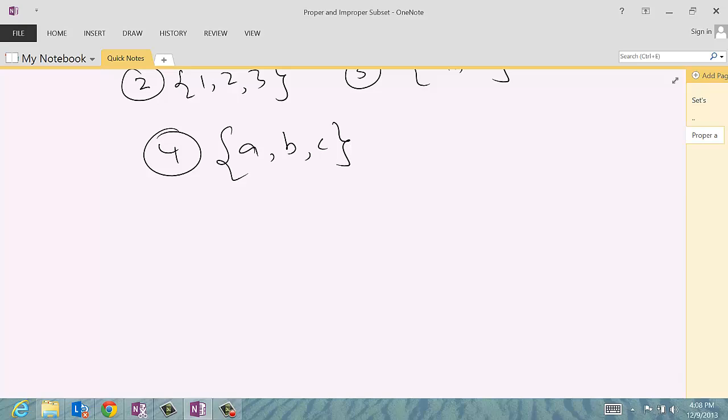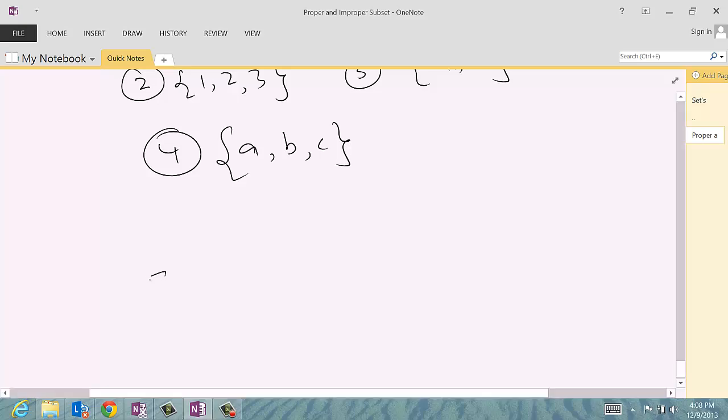Is there any set which does not have a proper subset? If so, which one? I repeat my question. Is there any set which does not have a proper subset? Which one is it?